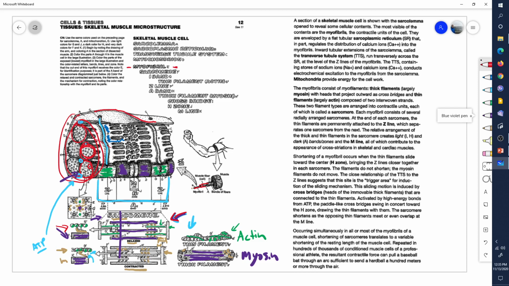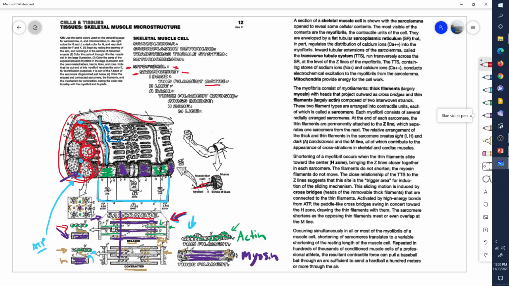So let's review some of our terms. Here's your myofibril. You know that is one of these units here. The sarcomere is one of the units inside the myofibril. It's the actin and the myosin working together to cause contraction.